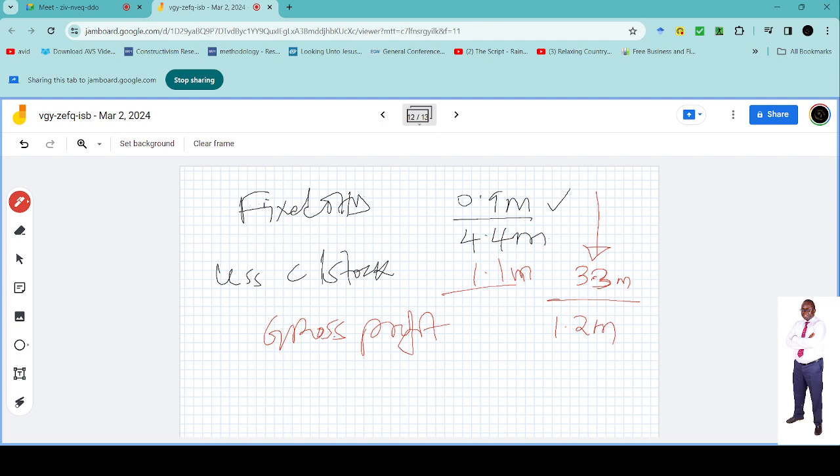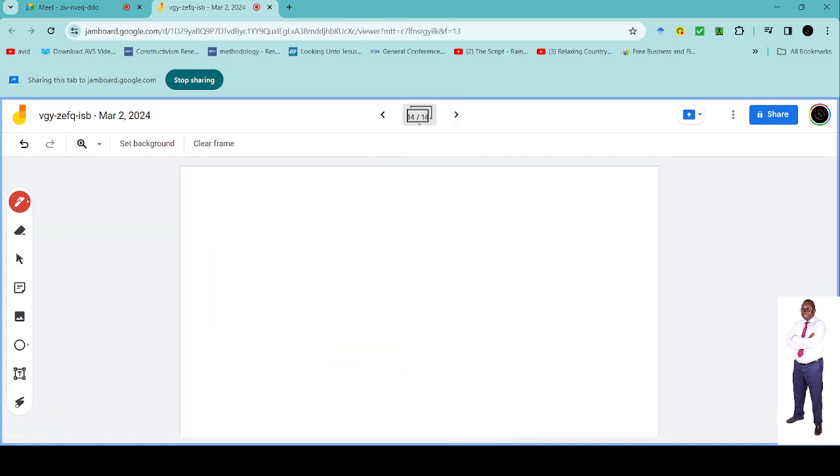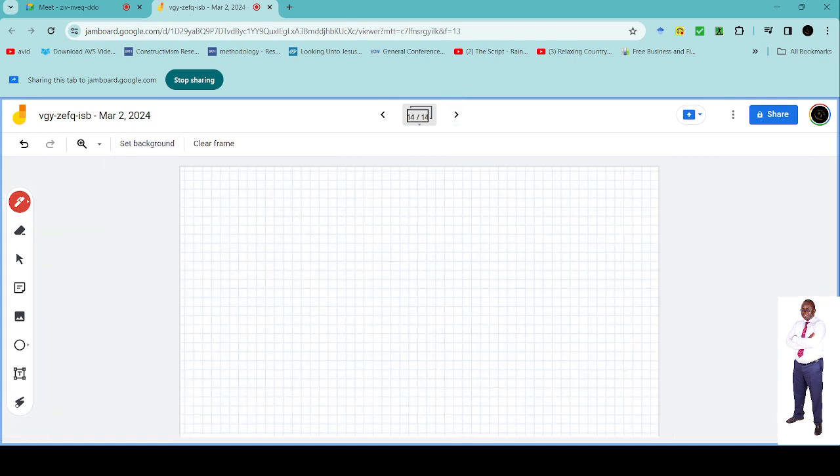Then we subtract our selling and admin expense. Let me get our next sheet there. We have our gross profit. The figure there is 1.2 million. We have our selling and admin expense.